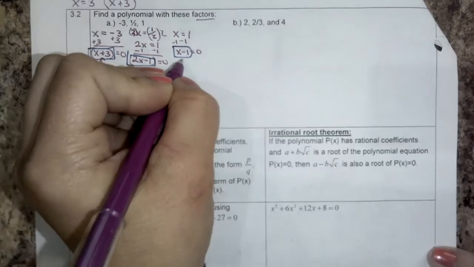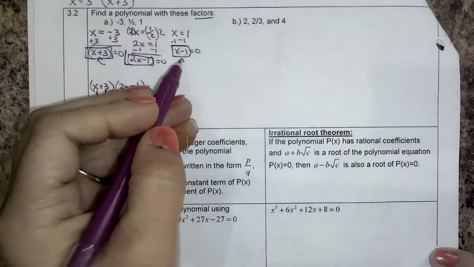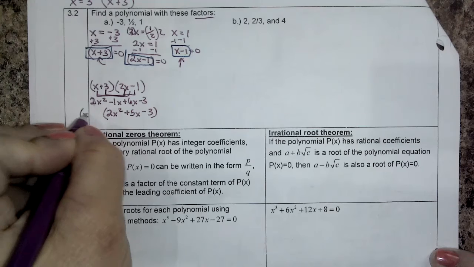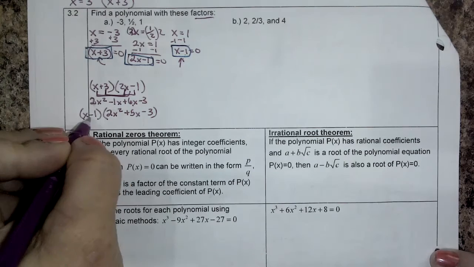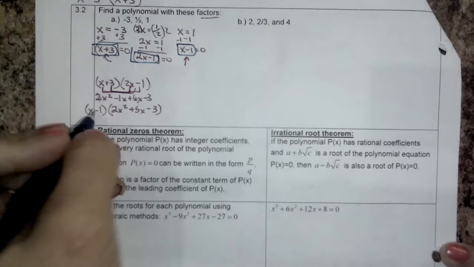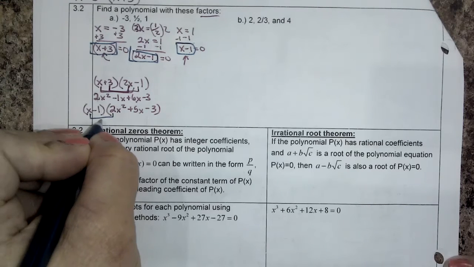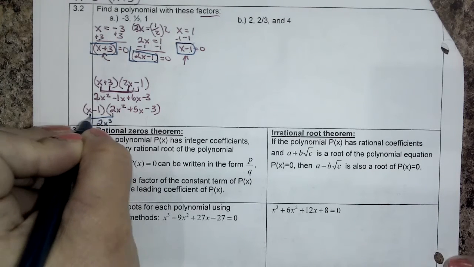But I'm not done because I still have this third factor that I have to multiply by. So I'm going to multiply x by everything first. X times 2x squared is 2x to the third.